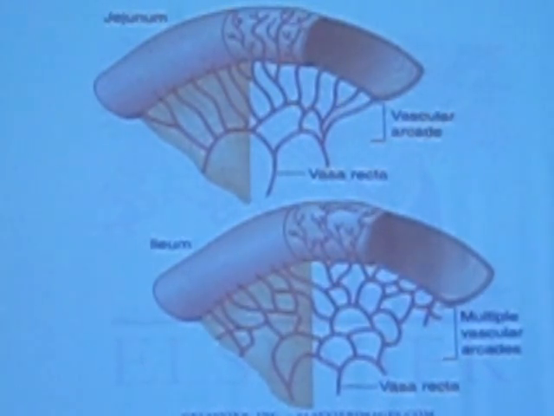If he wants to distinguish between the jejunum and the ileum, what is the obvious finding from which he can differentiate?